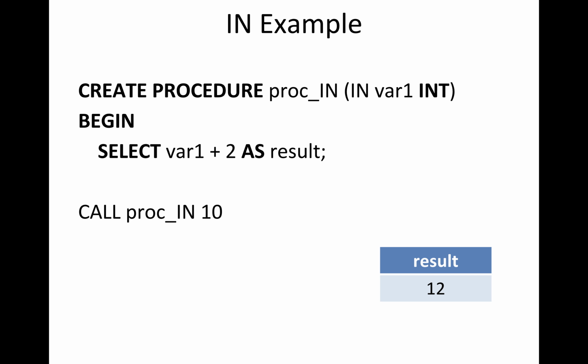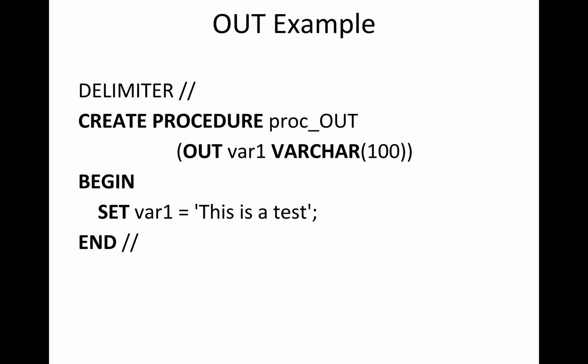So here's an example of being able to pass a parameter to a procedure. Here we're declaring var1 as an input, and we're passing a 10 to it. And so we're just calculating the result of adding a 2 to it.